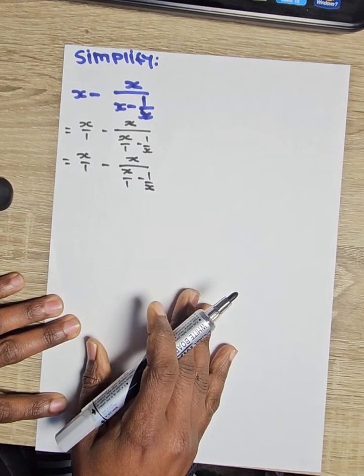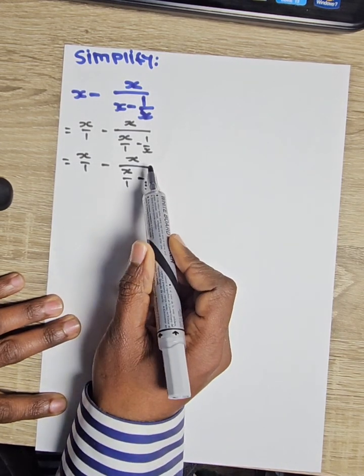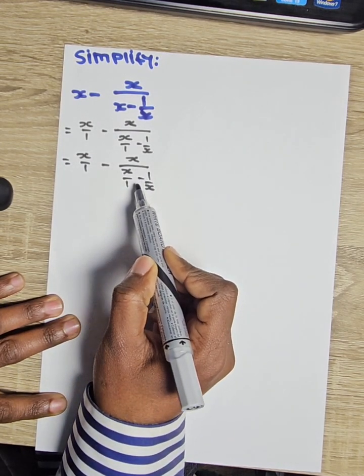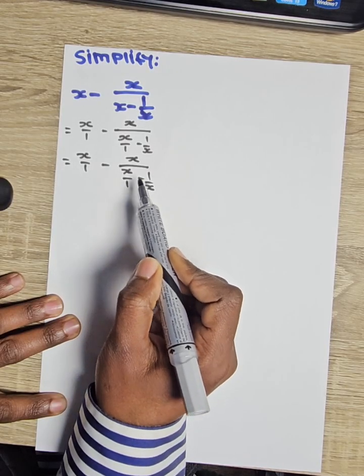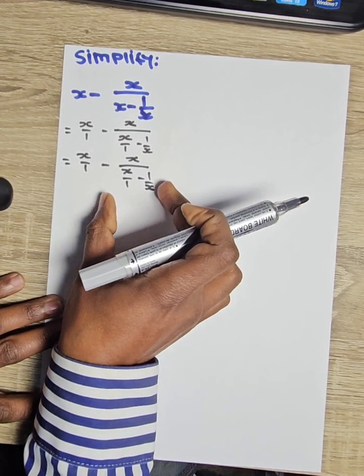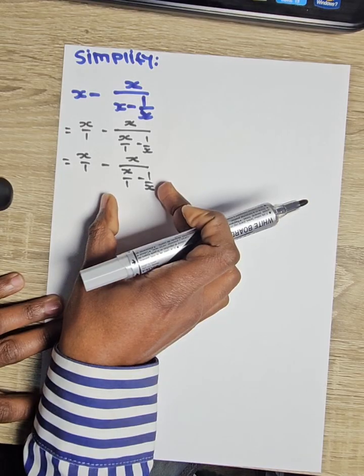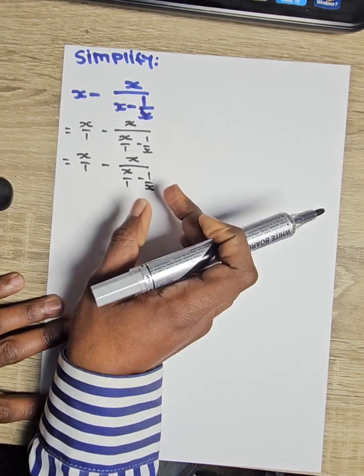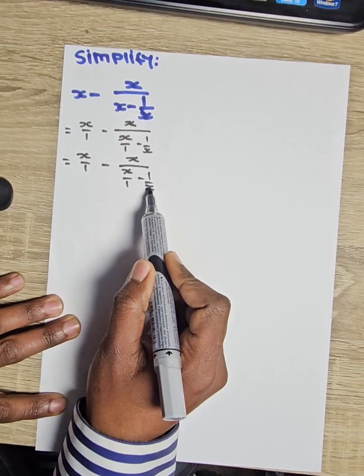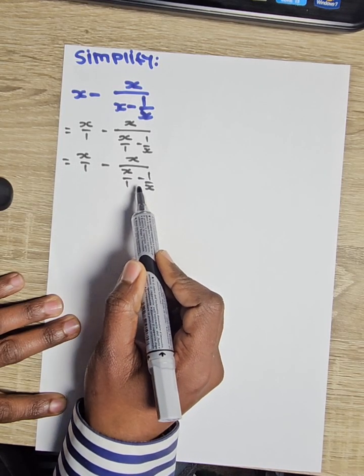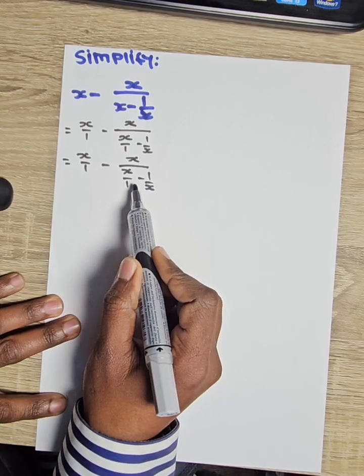Now I'm going to work out just the denominator of the second fraction, because I have to finish the bottom part first, and I have x over 1 minus 1 over x. I'm subtracting fractions. I therefore need to make the denominators the same.